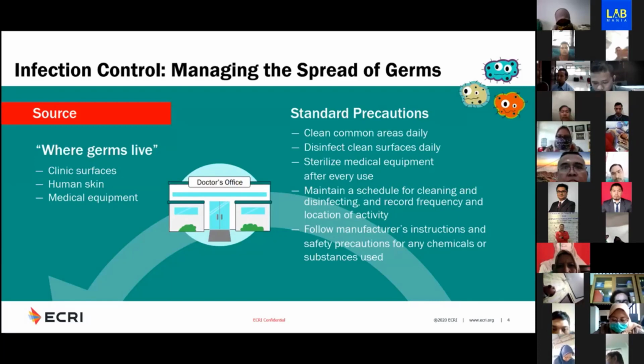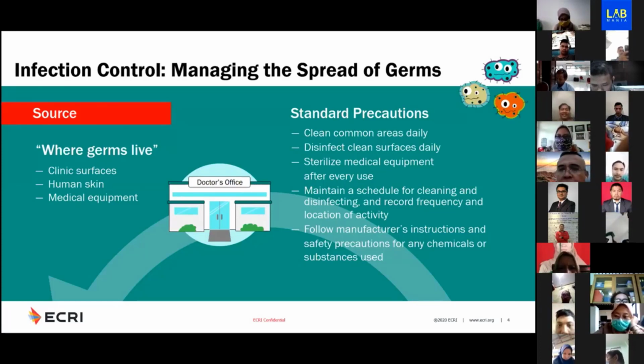So in the hospital, we have three main areas where we can find these germs, which is on surfaces, clinical surfaces. You see sometimes on the walls, on the tables, on the chairs, on objects that you find in the hospital. And of course, secondly, is on human skin.